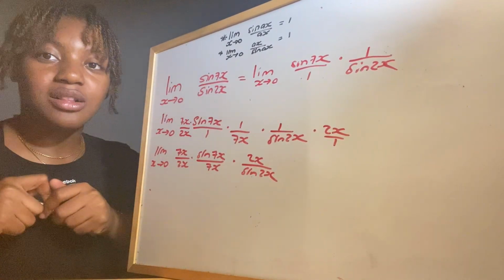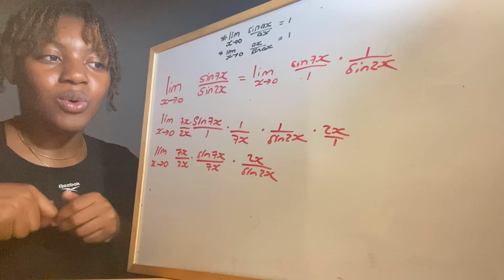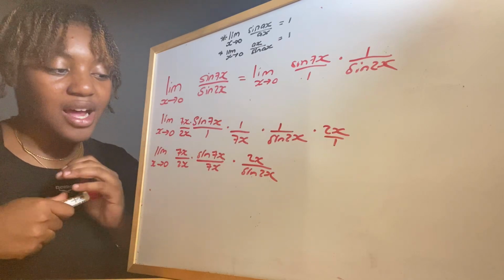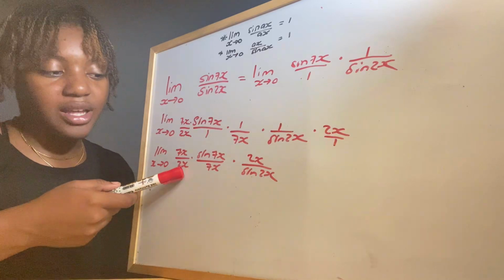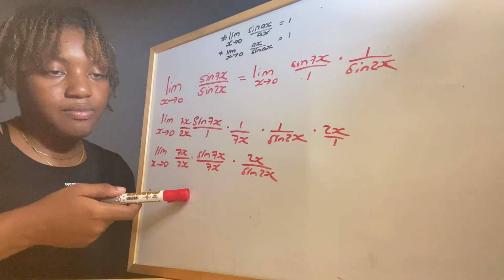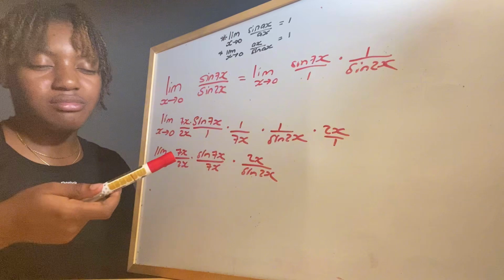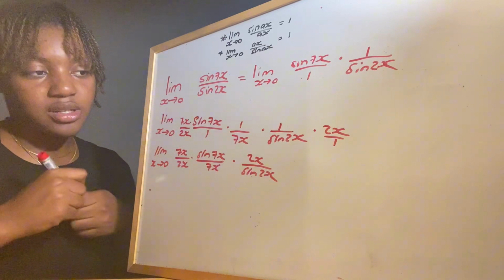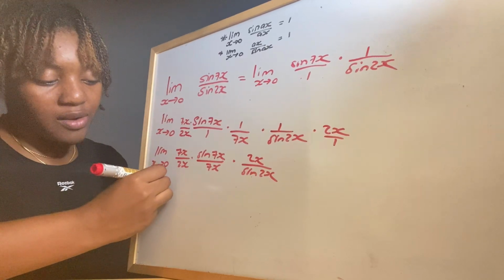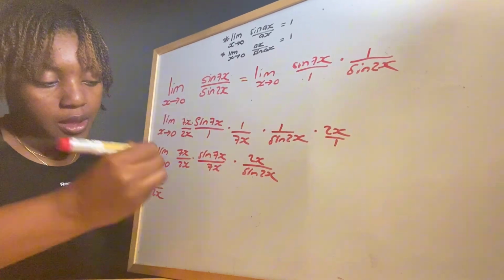So if you recall earlier in the video, one of the laws that are involved in limits is that when you have a number in front of a function, you can bring out the number to be in front of the limit. So that's what we're going to do. We'll have the 7x over 2x.